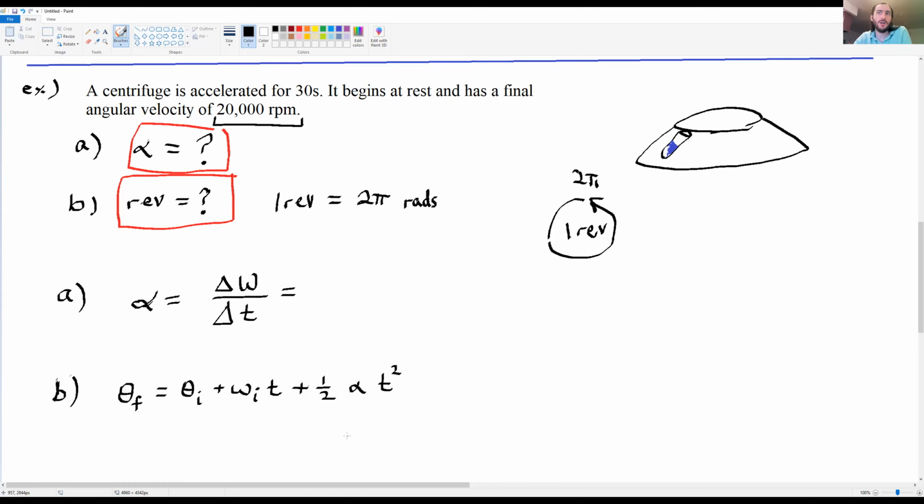You could have it in radians per minute per second, but then you'd have to write it as t times t, with one t in minutes and the other in seconds, and it just gets really awkward if they have different units. Okay, thank you.